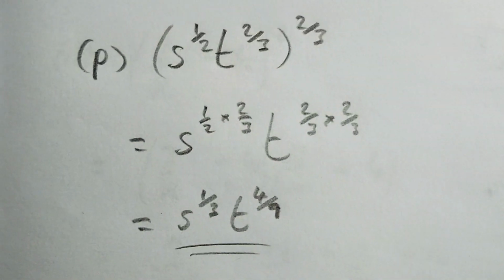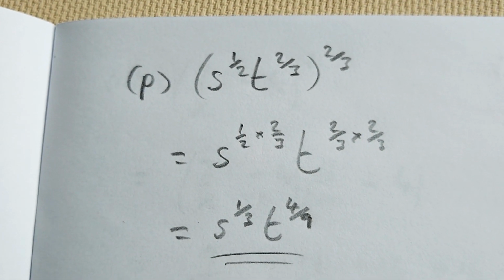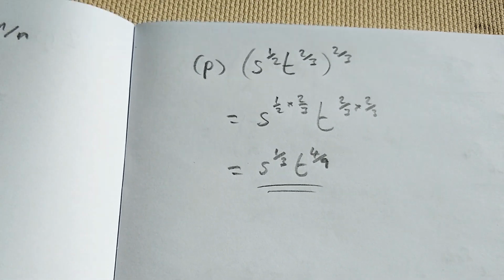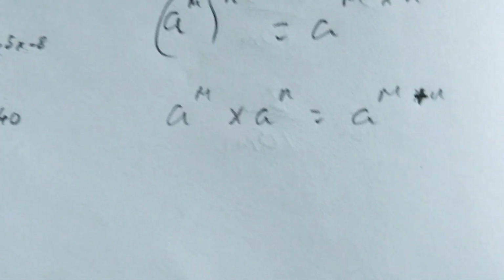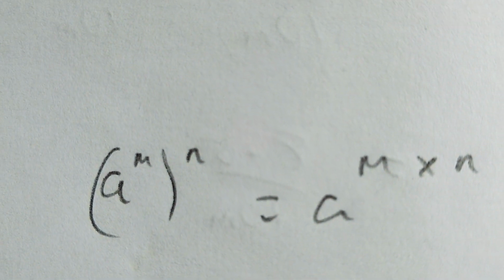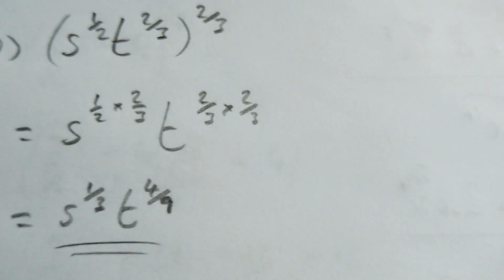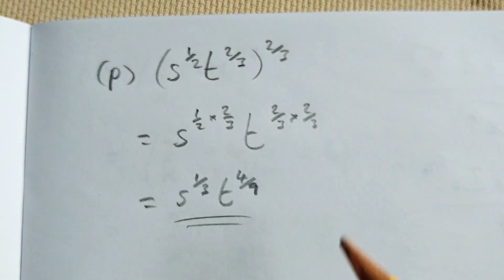And last question, part P. So again, this one looks quite complicated, but again, what are we doing? We're going to use this rule here. Okay, we've got a bracket to the power n. So everything in the bracket will be raised to the power 2/3.